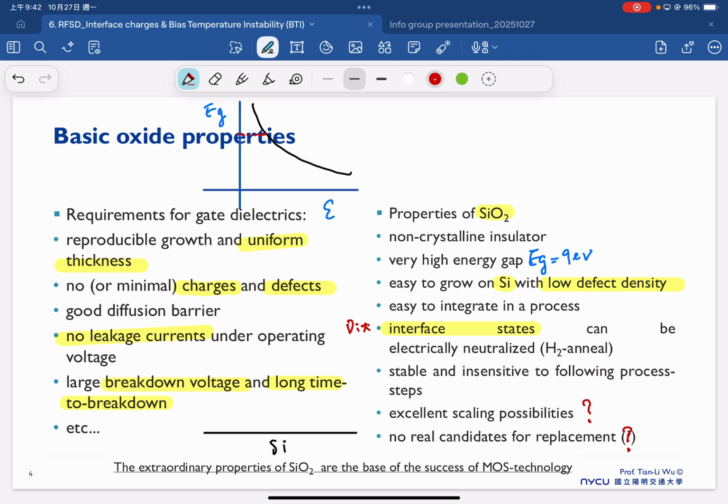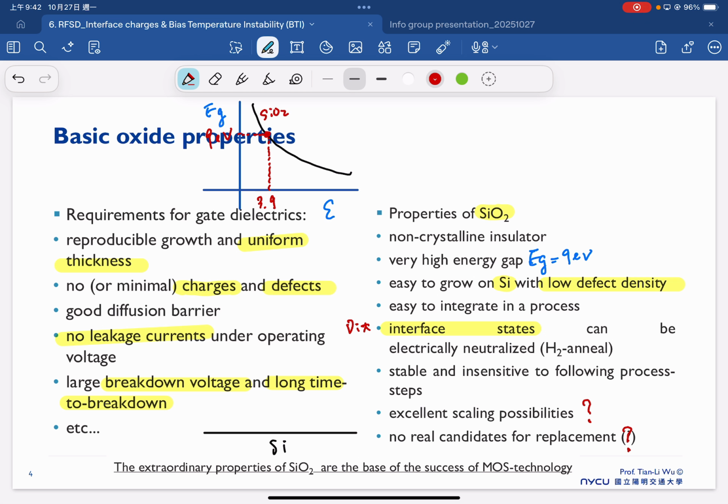For example, in the case of SiO2, we have 9 electron volts, but it always suffers from a low dielectric constant, which is 3.9 for SiO2.